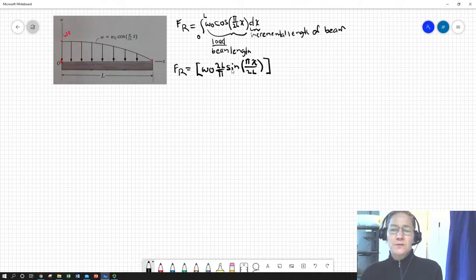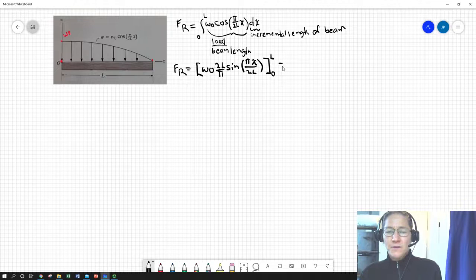The derivative of sine of u should be cosine u, no negative, and then we multiply by the derivative of the argument with respect to x. So we get a pi over 2L, which will cancel with this multiplier, and we should be left with cosine of the argument just times W0. So that checks out.